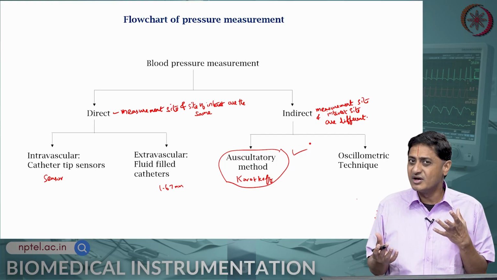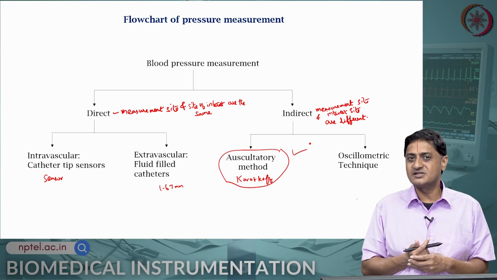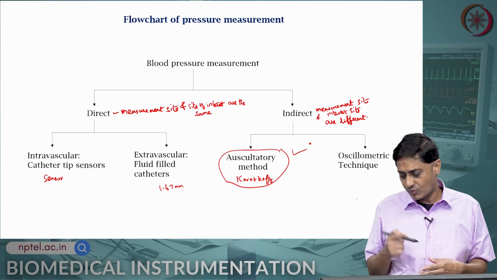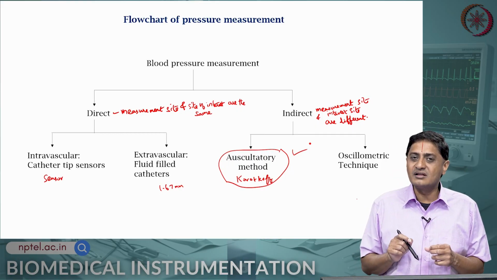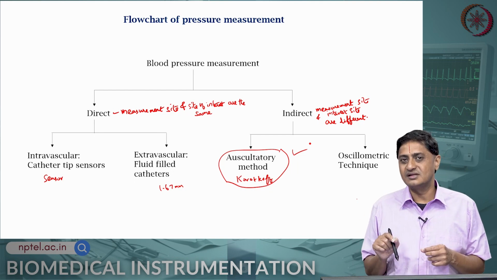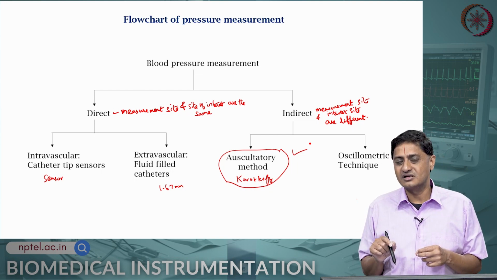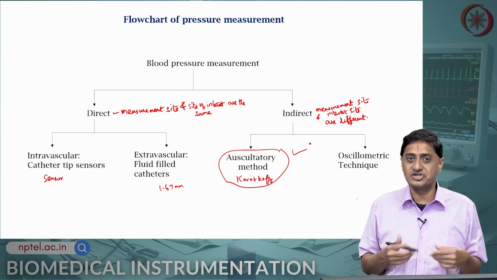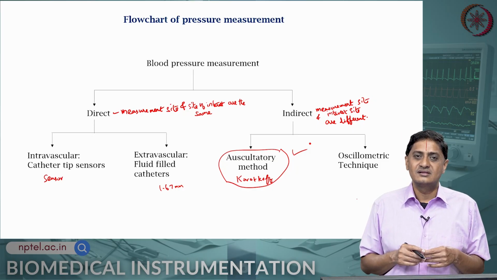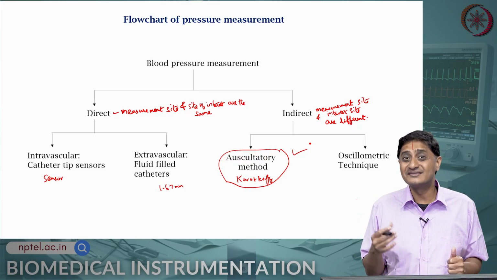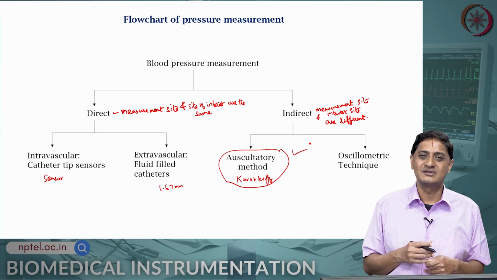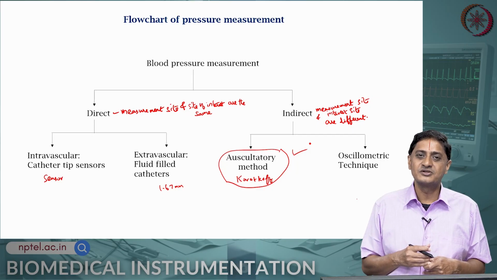So, the choice of the method that you use depends on the condition of the patient. One more thing is, depending on the person who is performing the indirect measurement and the situation, there are going to be slight variations in the pressure that is measured. The medical professional's skill level matters when measuring pressure using an indirect method.